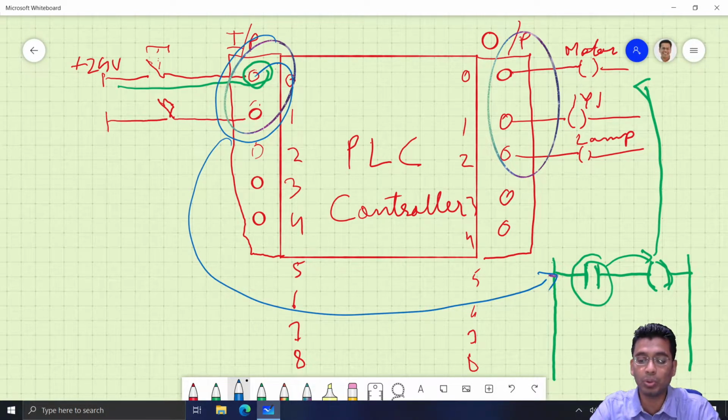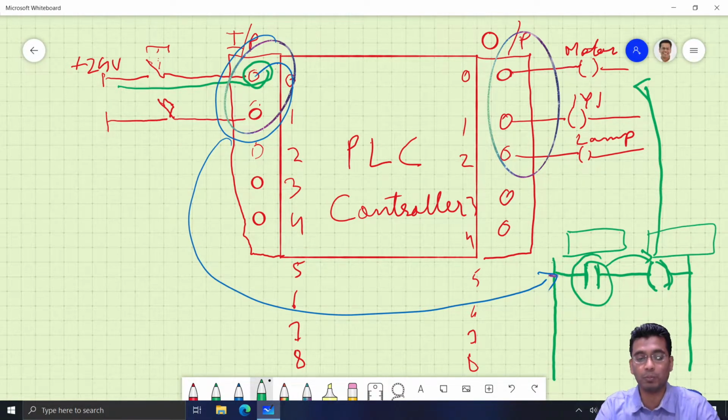Because your ladder logic only says if this XIC is closed, then your output will energize. But what is this input and what is this output? That means you have to give one address here for this input and one address here for this output.